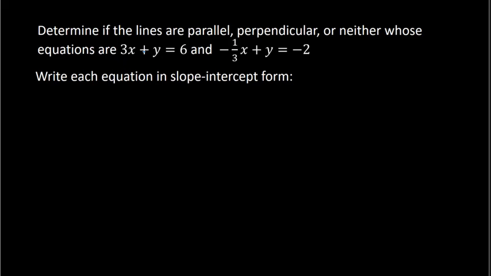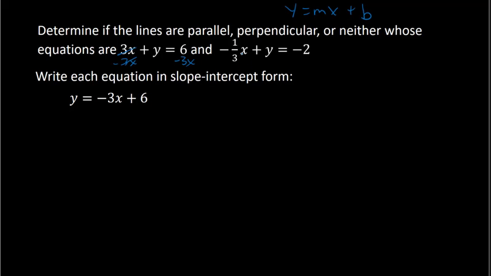This 3x plus y equals 6, I can bring the 3x to the right side to make it look like y equals mx plus b. I do that by subtracting 3x, that brings it over. Over here the 3x's cancel. I have y equals 6 minus 3x, or same thing as negative 3x plus 6.